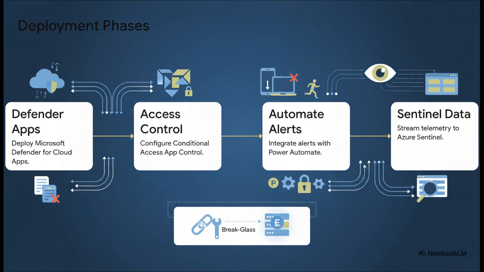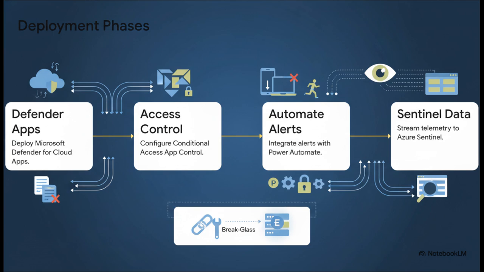This allows you to literally block downloads of sensitive files on unmanaged devices in real time. Step 3. Hook those alerts up to Power Automate to automatically suspend any compromised user accounts. And finally, Step 4. Stream all of those diagnostic logs directly into Azure Sentinel, your central CIEM, for advanced threat hunting.